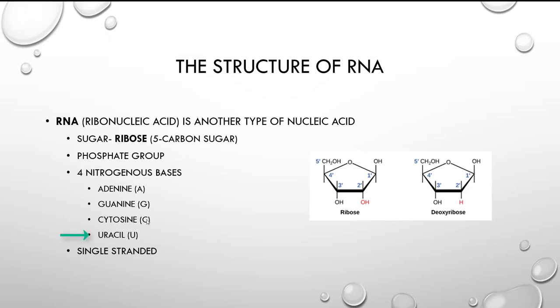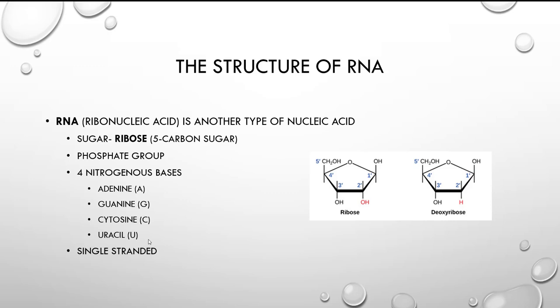In replacement of thymine is a slightly different structure, which we call uracil. Uracil is a different nitrogenous base. It's still a pyrimidine like thymine, just a single ring, but it is differently structured than thymine. So we call it uracil.